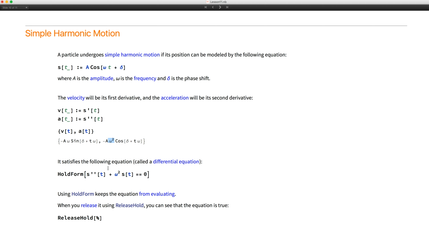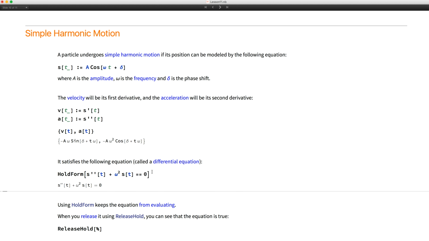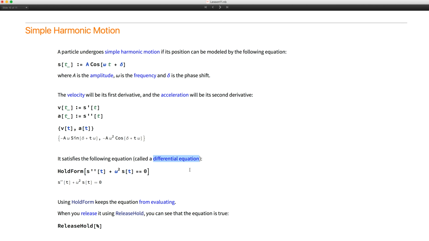So what that says is that S double prime plus omega square S of t is equal to 0. That's something called a differential equation, which you will study much later in calculus. And the whole formula does the following: it prevents anything from evaluating. So if you do release hold, like I've done over here, then in fact you get back the result true, which says that the differential equation is satisfied by the simple harmonic motion function over here.